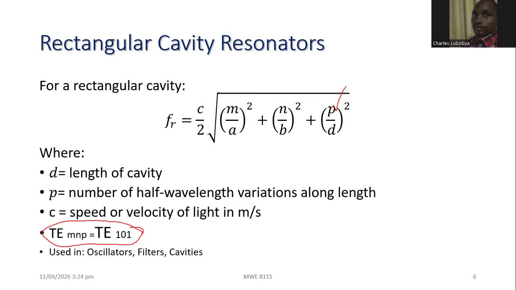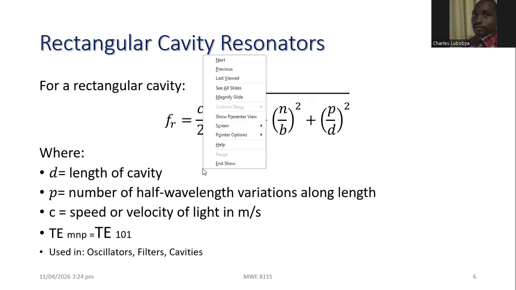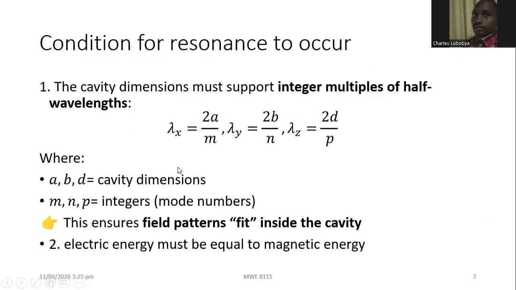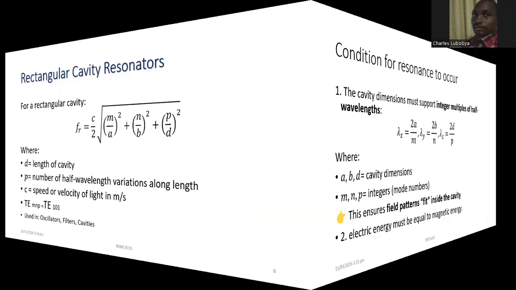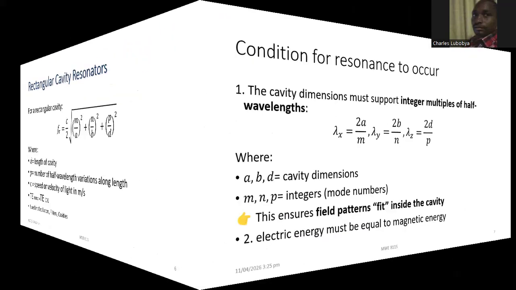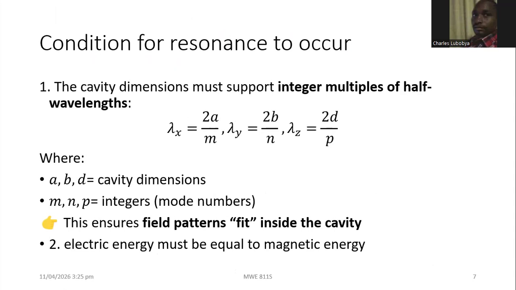Next, I want us to discuss how, by applying this equation, we can do an example to calculate resonant frequency. But before we do that, it is important to take note of the conditions that are necessary for you to arrive at resonance. There are two major conditions. Condition number one is that the distances a, b, and d must be such that they are at half wavelength.